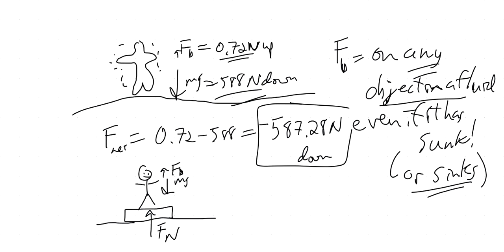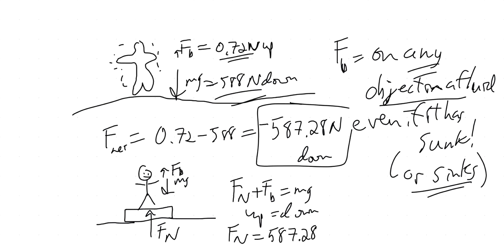So I have Fn plus Fb equals mg, up equals down. I have equilibrium, so Fn cancels my net force down, right? So Fn is going to equal 587.28 newtons up.